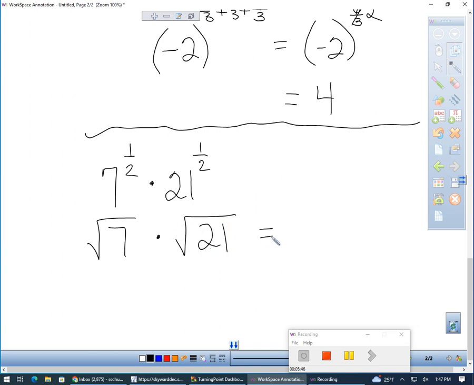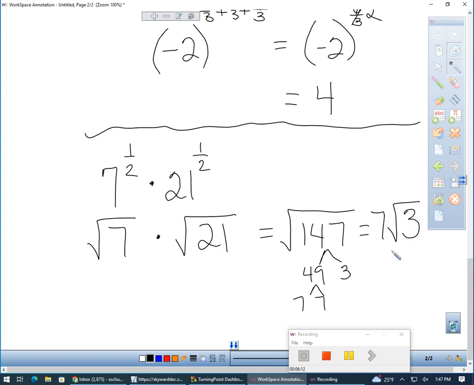Can I multiply them together the way they are now? I can. This is going to be the square root of 147. Then I can break that down into 49 times 3, and 49 is 7 times 7. So this equals 7 square root 3. If the bases are not the same, then you put them in radical form, and then we simplify.